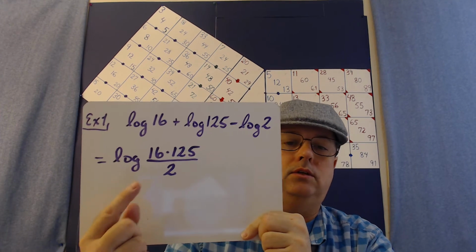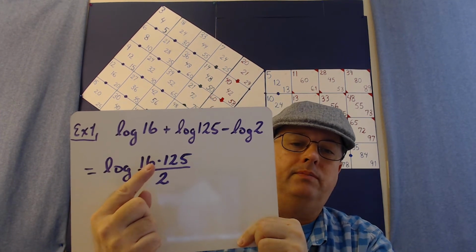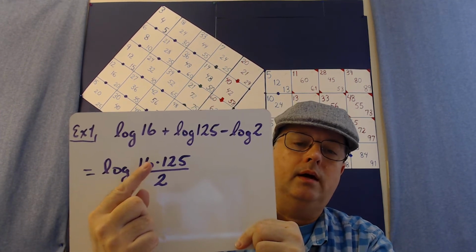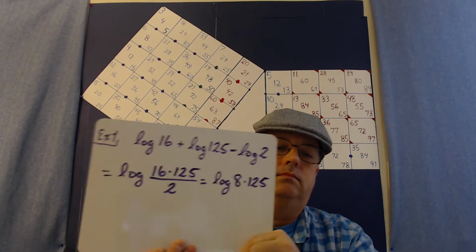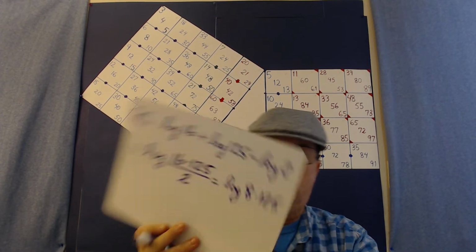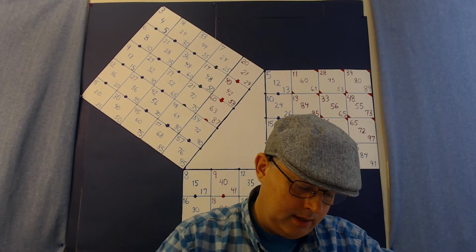Okay, and so let's continue to simplify this. This is 16 divided by 2. That's 8. So we have log of 8 times 125. Okay. And then, let's see. 8 times 125.